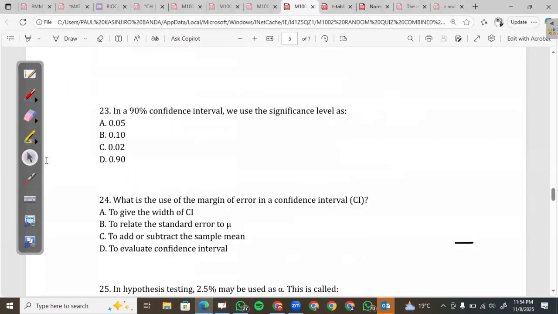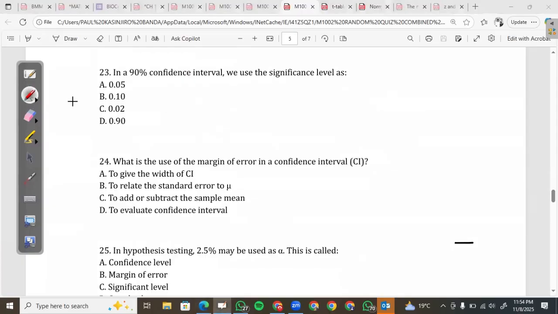Okay, what about question 23? They're saying in a 90% confidence interval, we use the significant level as what? So here's the trick. When I say confidence level plus the significant level, this should always give me 100%.